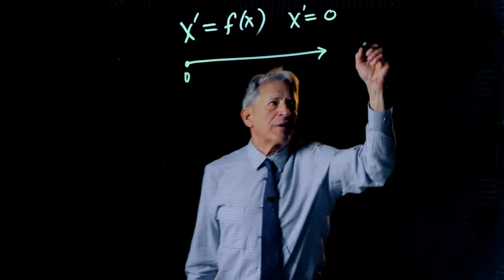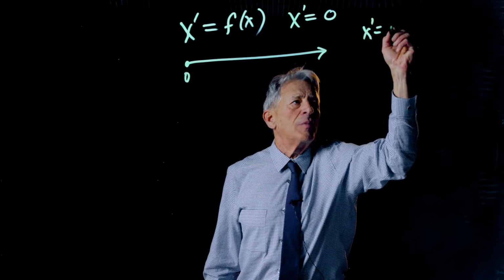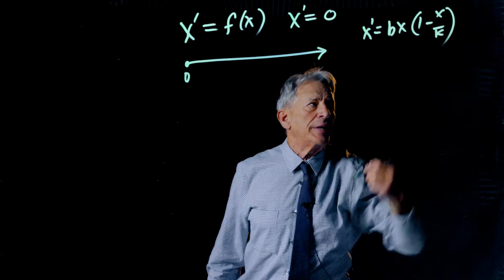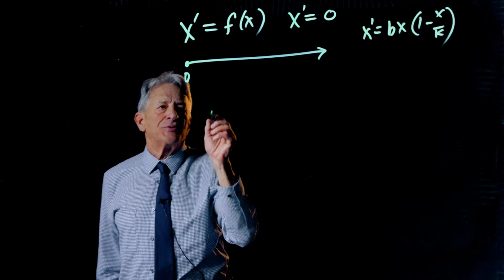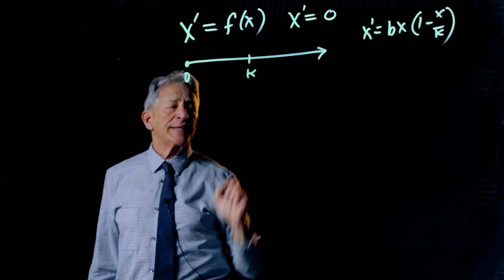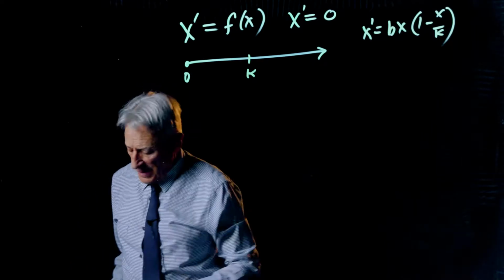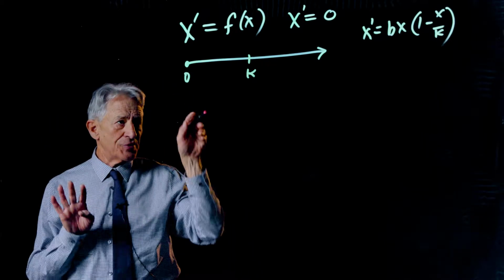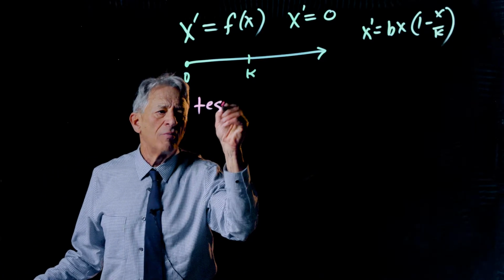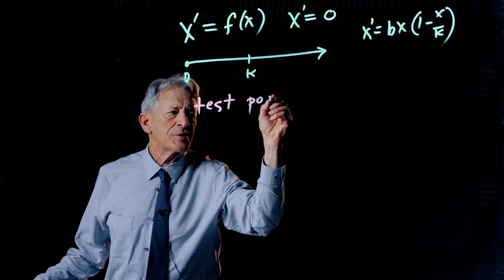to the logistic again. X prime equals bx times 1 minus x over k. And we have the equilibrium points 0 and k. And the way that we determined the stability was we chose what I'm going to call test points.